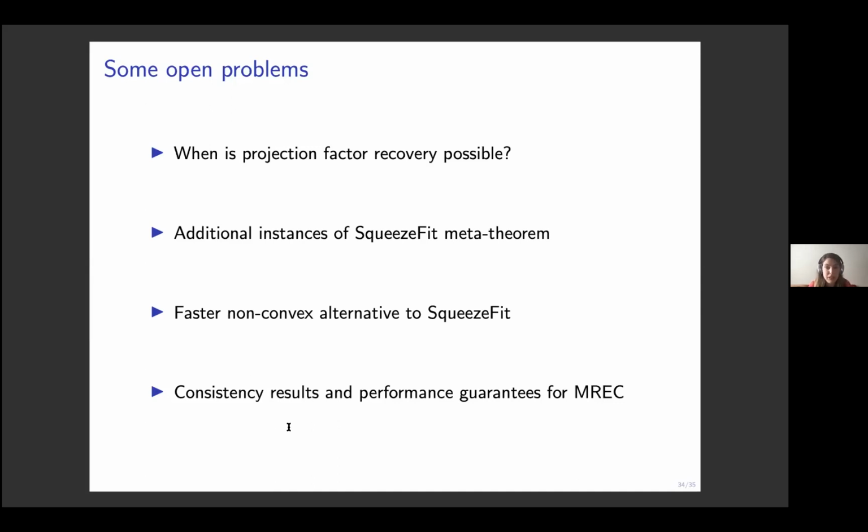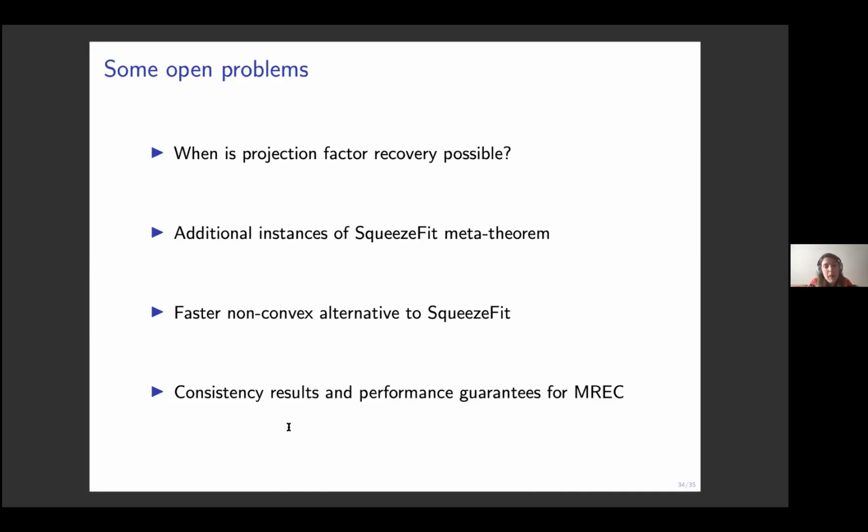So the SqueezeFit algorithm in general is very inefficient because you have to solve semi-definite programs. So I could run it on MNIST, but I cannot run it on a large data set because this semi-definite program is not very efficient.